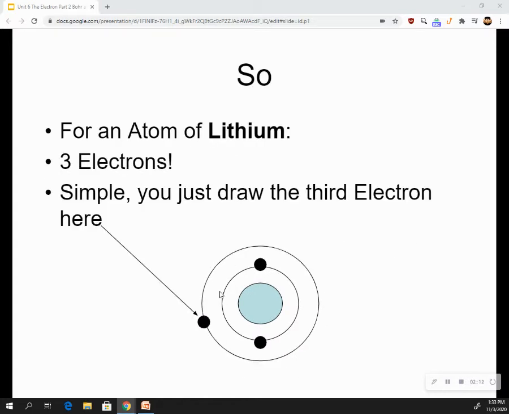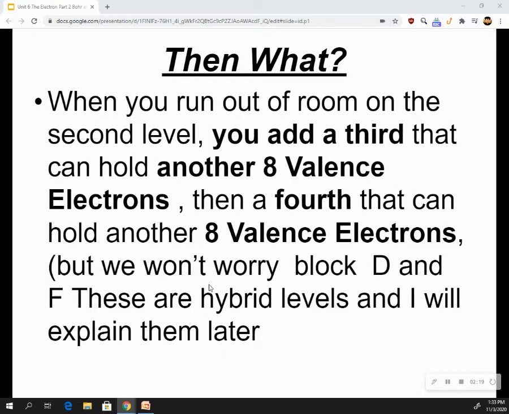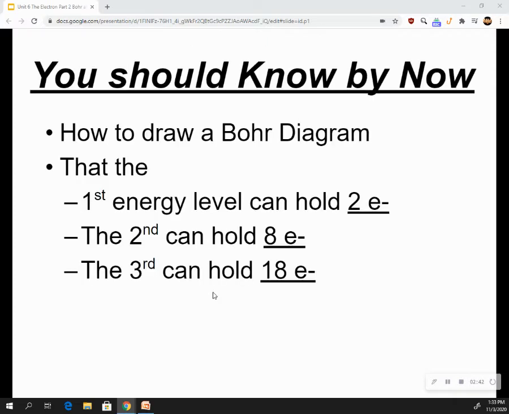So that means there's only 1 valence electron, even though there are 3 total electrons. Because remember, our first energy level can only hold 2. So when you run out of room on the second, you then create a third. When you run out of room on the third, you then create a fourth, and so on and so forth. So we won't worry about D and F for right now, because these are hybrid levels, and we'll explain it later on. All right, so Bohr diagram.